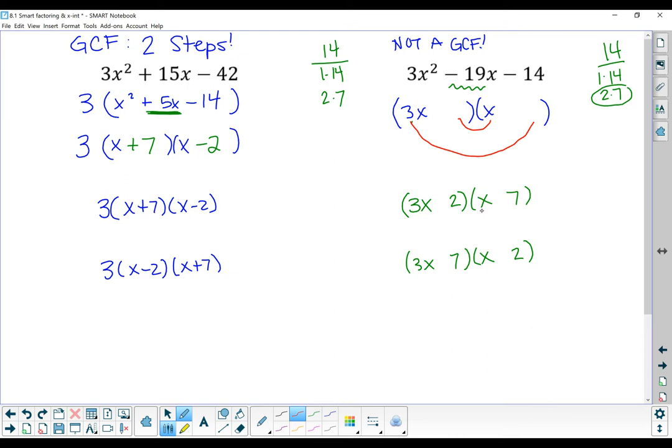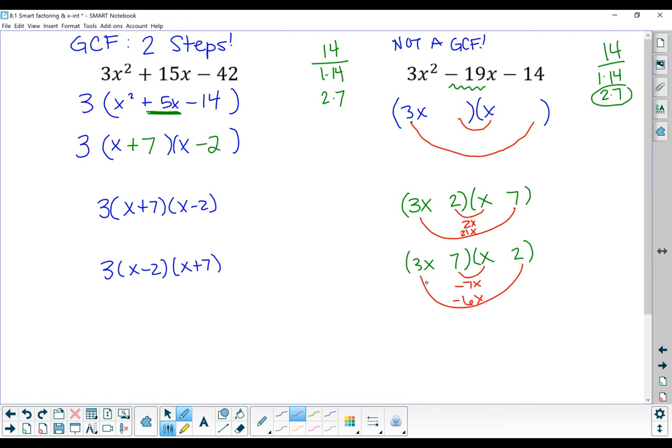The reason I like to write it both ways is so that you're keeping track of what you're doing. There's a 2x and a 21x. This one is a 7x and a 6x. I'm not thinking about their signs yet because I wanted to see what they were first. Well, the thing I'm trying to get in the middle is a negative 19. So if these were both negative, that would be negative 13, but that's not 19.